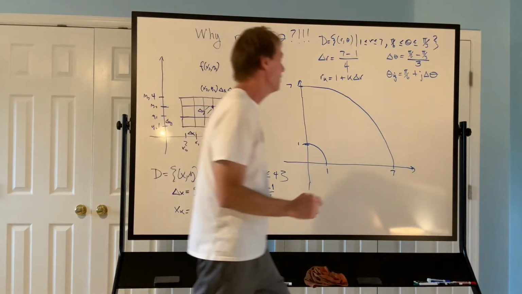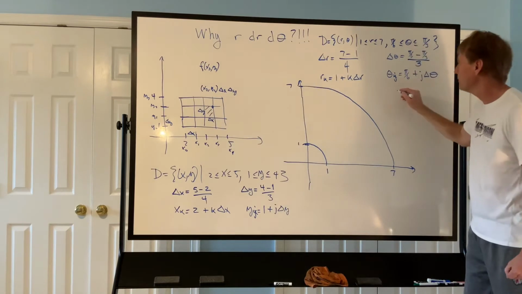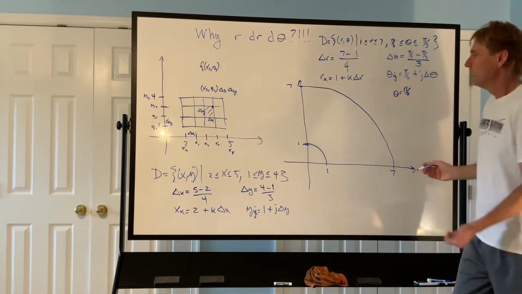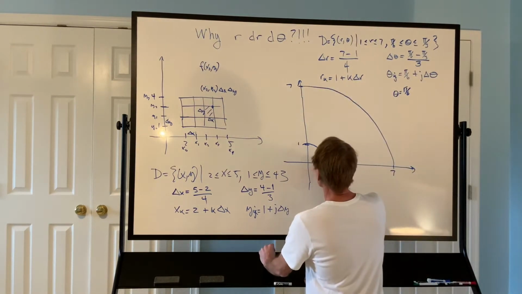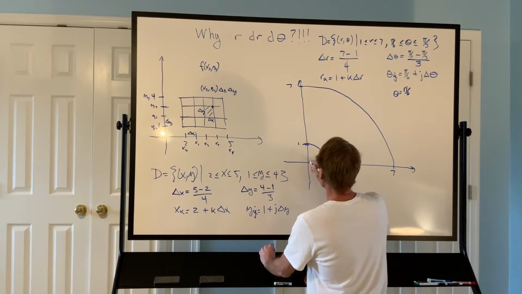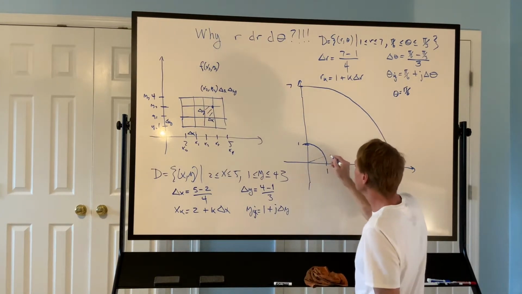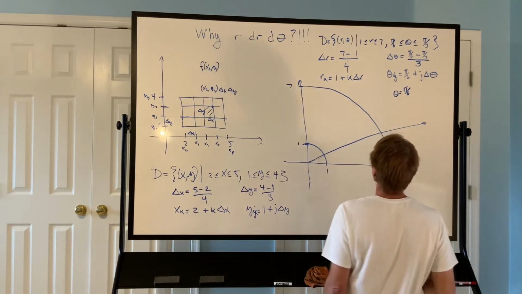Now let's think about the coordinate curve. If I'm thinking about theta equals pi over 6, that would be the angle pi over 6, and now r is allowed to do whatever it wants, so it's going to go something like that.